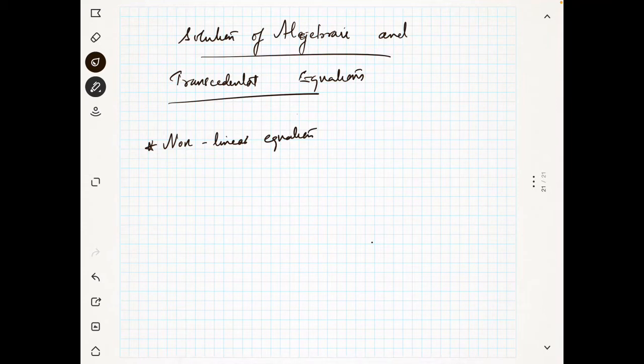And we have two types basically, which are algebraic equations and transcendental equations.